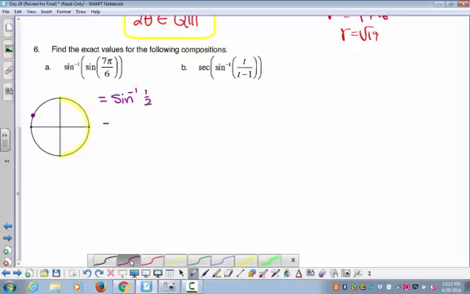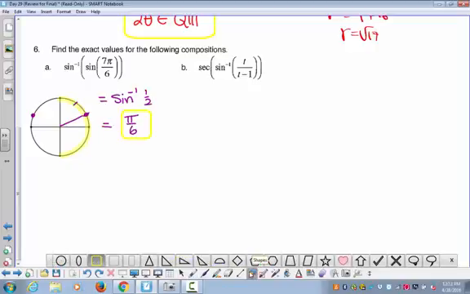Now we say, what is the inverse sine of 1/2? It's an angle on the right that has a sine value of 1/2. That angle is 5/6, correct. So that is where we're going.